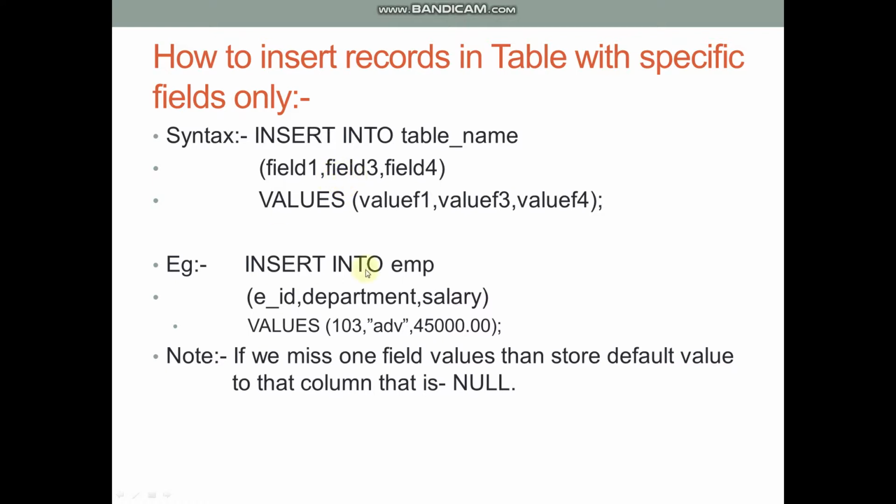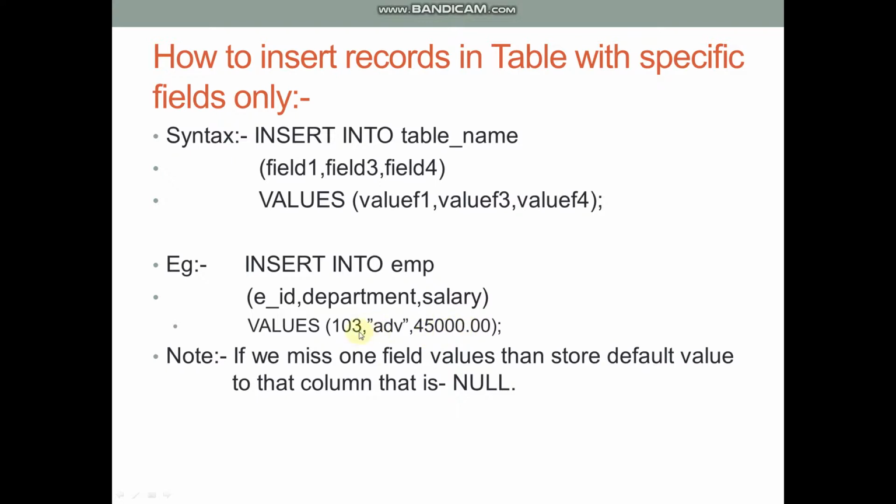Okay, so the example query will be insert into EMP, EID, which is the first field name, department, which is the third field name, salary, which is the fourth field name, and then the values attribute. Inside this values attribute we are providing 3 values: 103 for employee ID, advertisement for employee's department name, and 45,000.00 for salary.